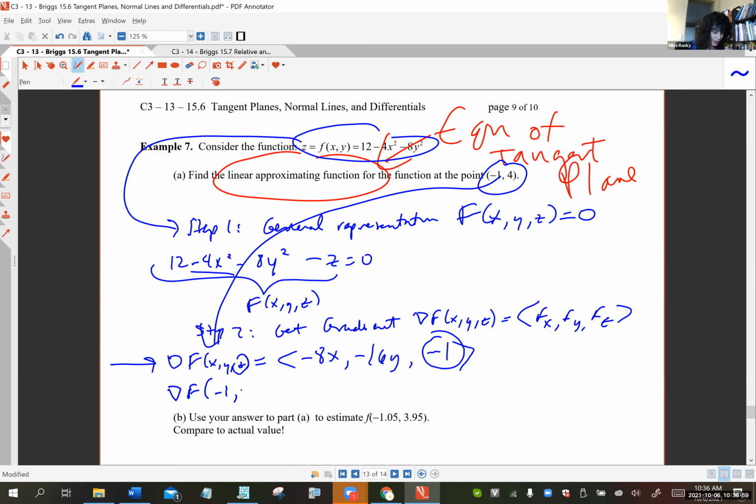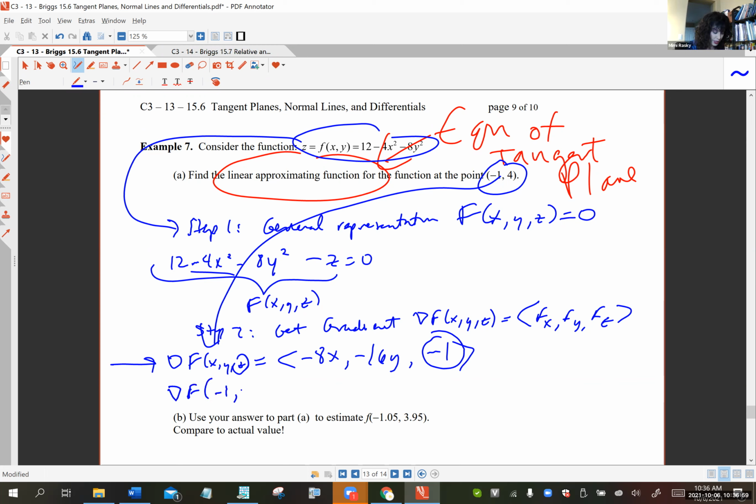When I evaluate my gradient at this point, and the z component is always negative 1, I get the vector positive 8, negative 64, negative 1. Okay.